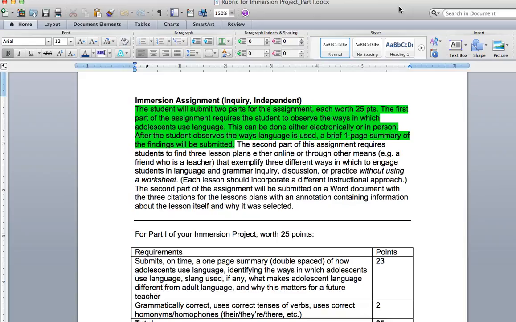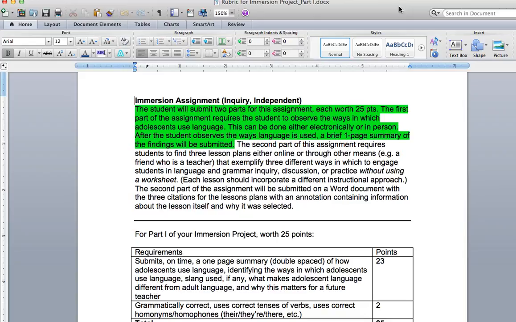You can observe siblings have discussions with each other, but the most important thing is that you're observing an adolescent talking to another adolescent, not a child talking to an adult, not a child talking to an authoritative figure. What you want to look at here is how kids talk to each other, what kind of language they use, what kind of diction they use, what kind of terms they use. That's what you're going to try and observe.